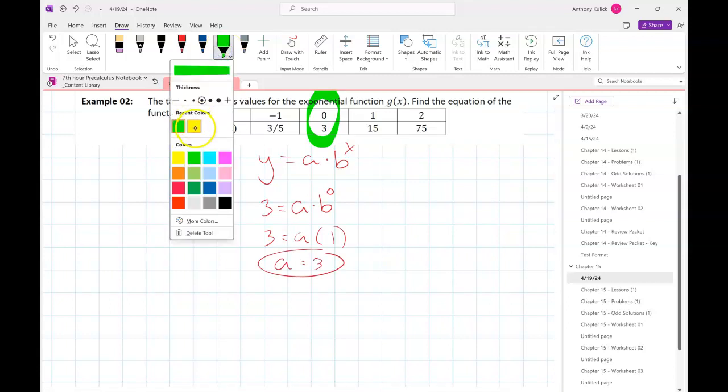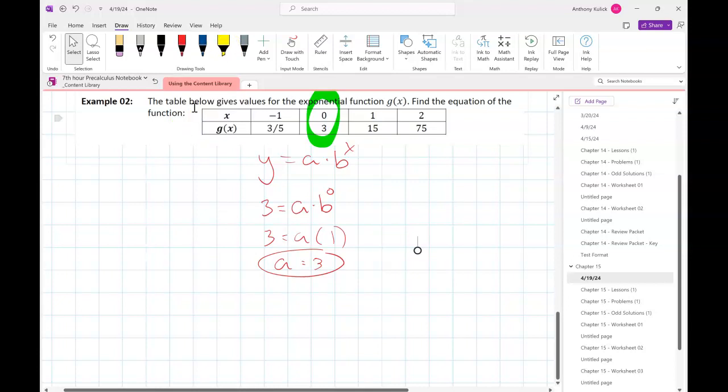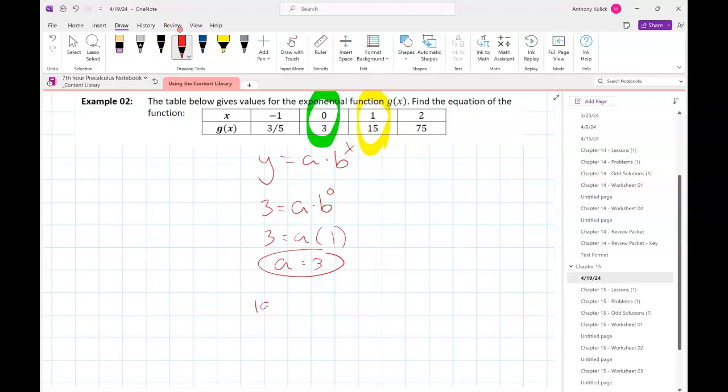Everybody feel okay there? Now I'm going to pick a second point, say this one. And I'm going to plug that in along with what I know the answer for a is. Now I can solve for b.